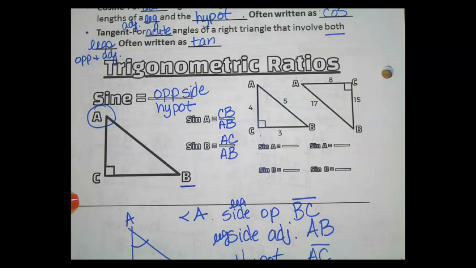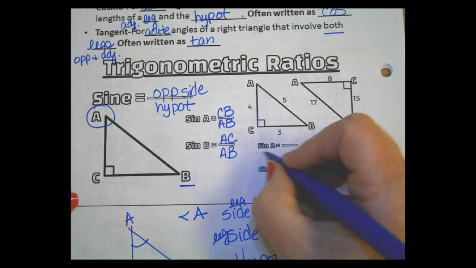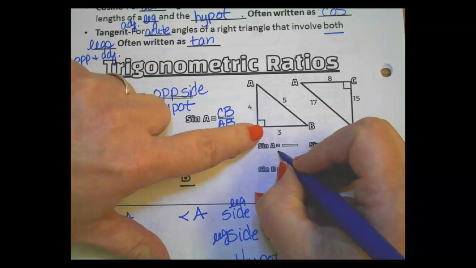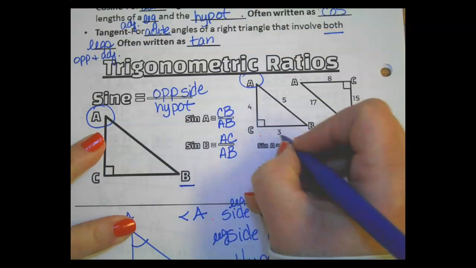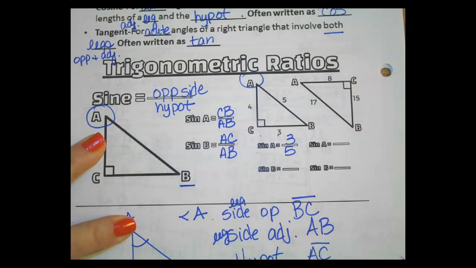Now we are going to use numbers. For A, my opposite is 3, my hypotenuse is 5.